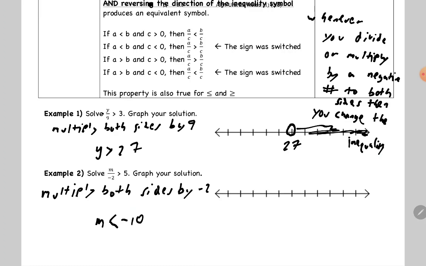So because I multiplied by a negative 2, so a negative number, instead of greater than, it becomes less than. So I have an open dot at negative 10, and we're going to the left.